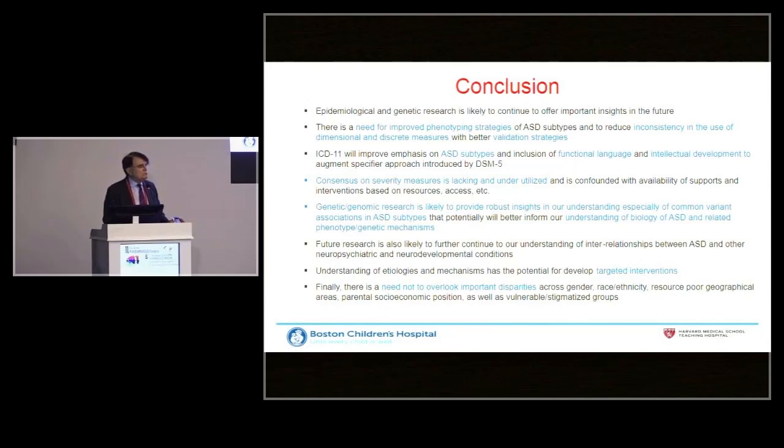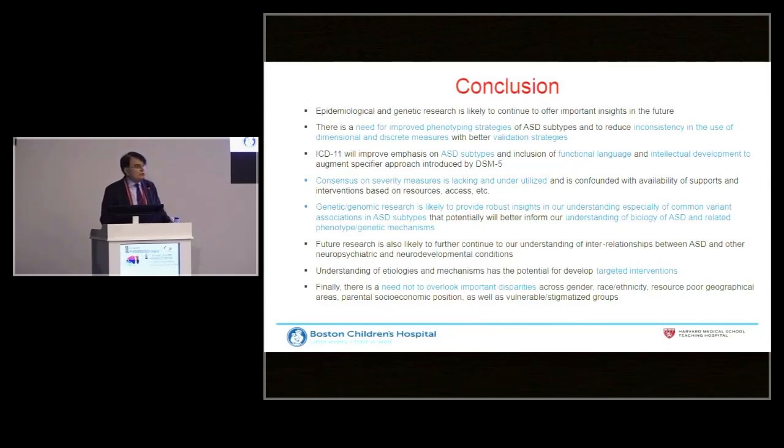The DSM-5 ASD is not going to help us very much. We need to be much more careful in phenotyping autism. We need to reduce the inconsistency in the use of dimensional and discrete measures of autism, and we need to validate our scales in the language of the country and adapt them to its culture.